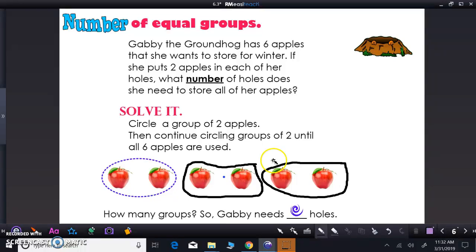Then we are going to count our number of groups. 1 group, 2 groups, 3 groups, and that tells us the number of holes that Gabby needs in order to store her apples. Since I have 3 groups, Gabby needs 3 holes to store her apples. Let's try another.